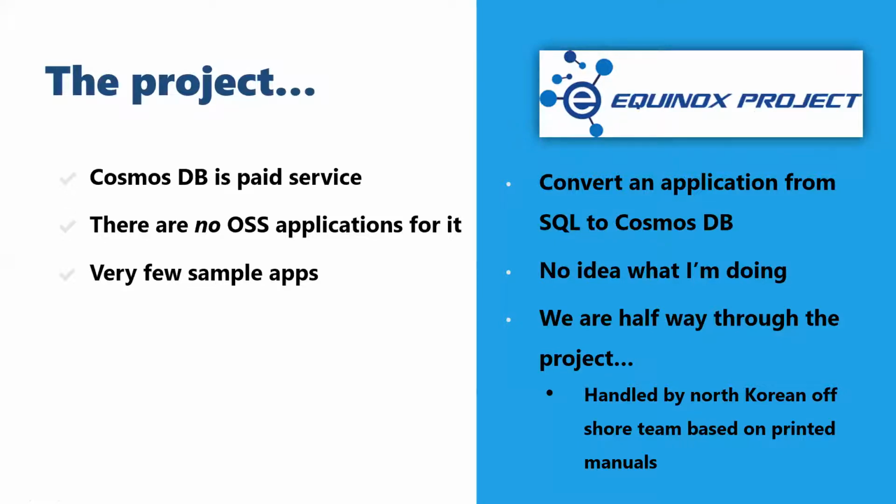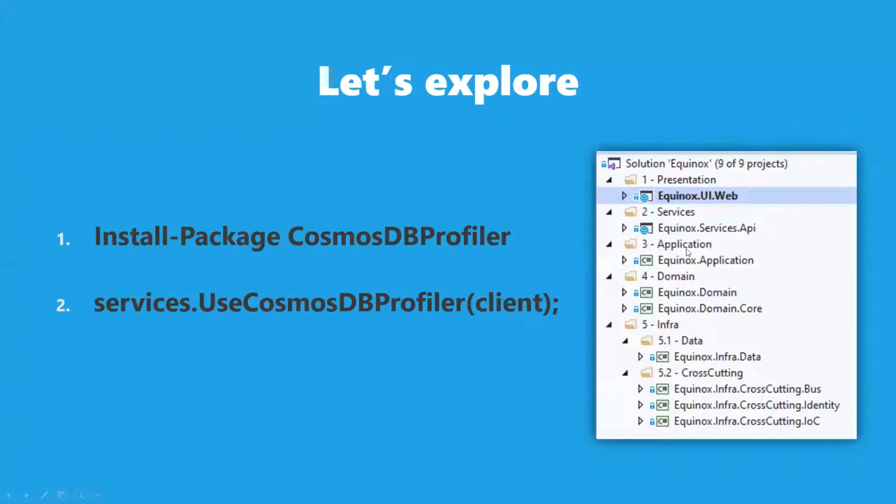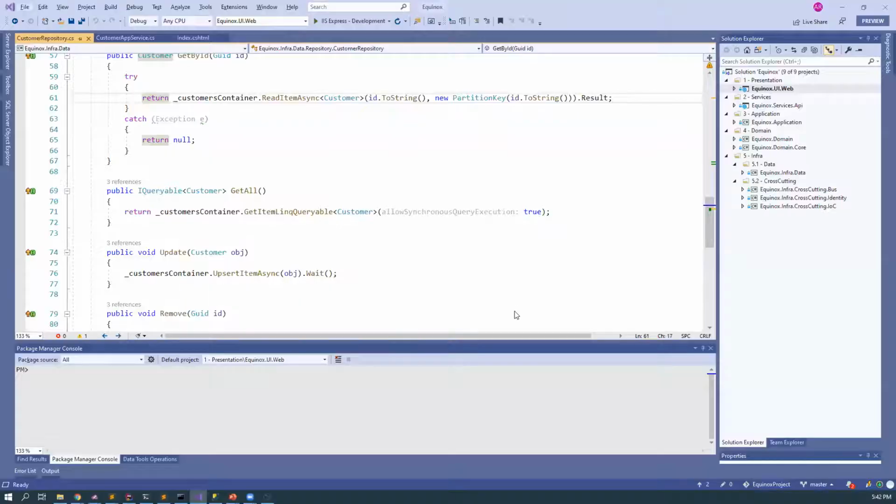So let's see what the structure is. This is the structure of the Equinix project. And as you can see, it's not too small. In fact, it's quite complex, and there are a lot of moving pieces going on here. I only touched stuff here and here. What I had to do was install this package. Let's go and look at some code.